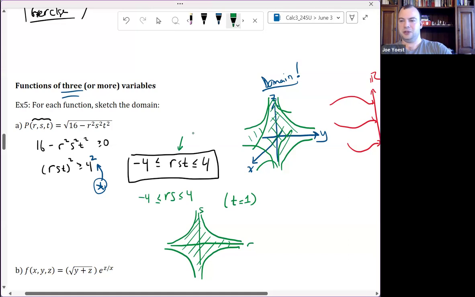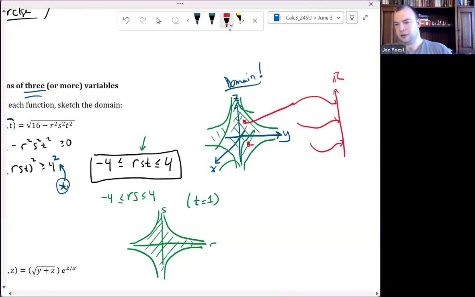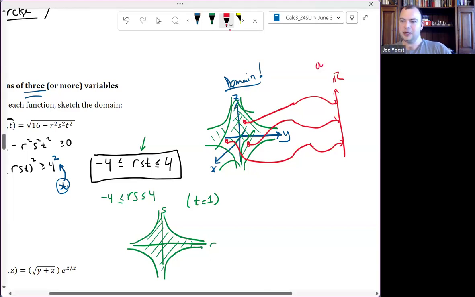These are going to be the points that we can plug into this function. And then the outputs would be mapped to another real line. This is our outputs, or this is where our range would live over here on the red real line.